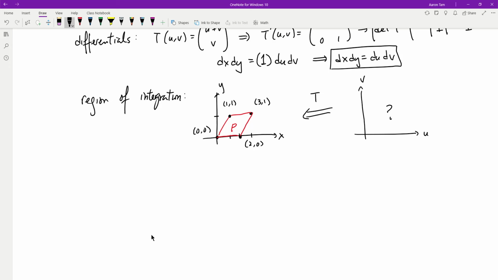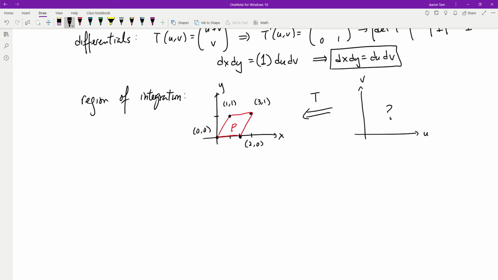So lines still remain lines, just moved over or changed. I could take the shortcut and just figure out what happened to these four corners, or four vertices. But I am going to show you exactly what you're supposed to do, so in case you have a coordinate transformation that's not linear, like a curvilinear transformation, you still have an idea as to what you need to do.